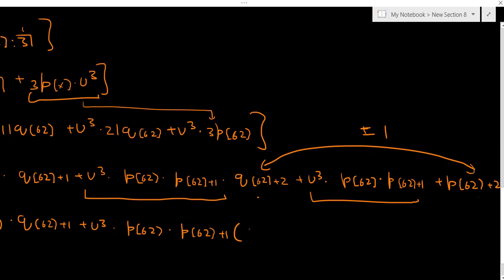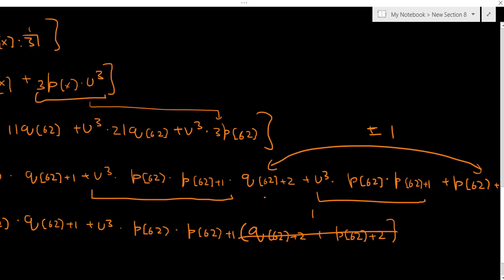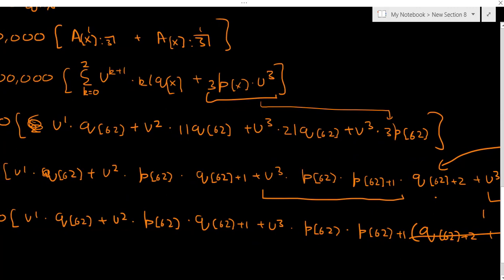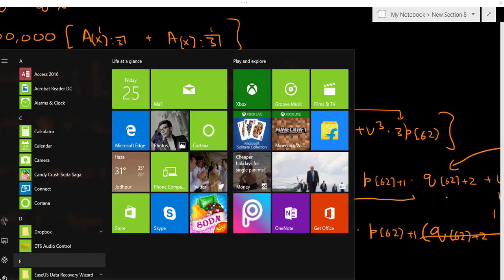So I've got a bracket in q62 plus 2 plus p62 plus 2, so they just become 1, and I can just ignore them. If I don't write them even, that will be fine. Okay, now this is what I have here.